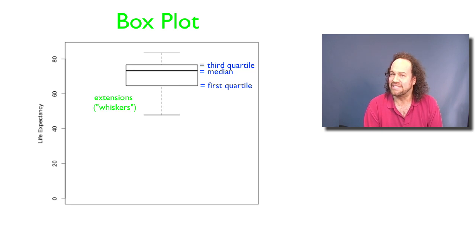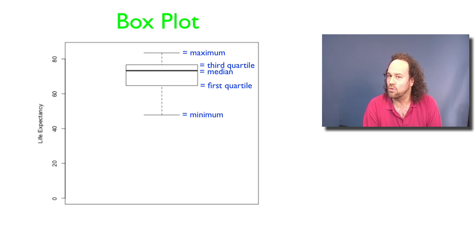It also has extensions on the bottom and the top which represent the minimum and the maximum values. So we can see by looking at this box plot what is the minimum value, the first quartile, the median, the third quartile, and the maximum value. In this way, we can summarize a lot of information about these life expectancies using just 5 numbers.